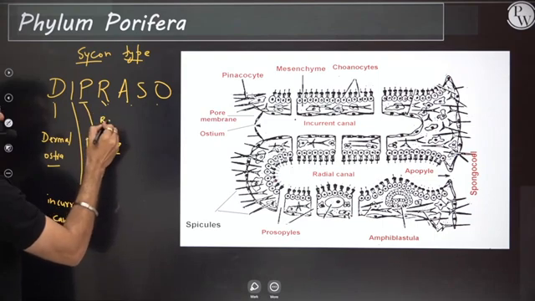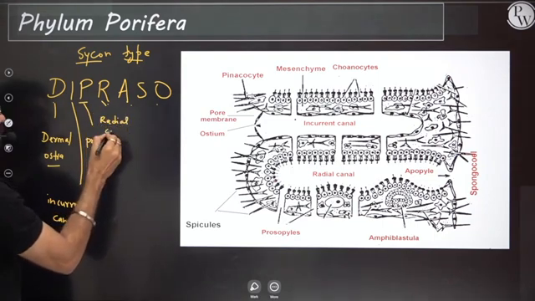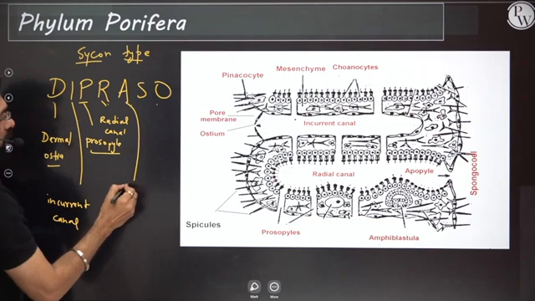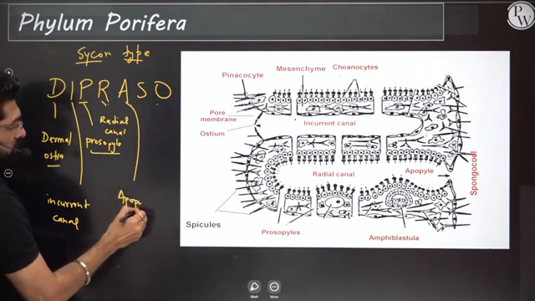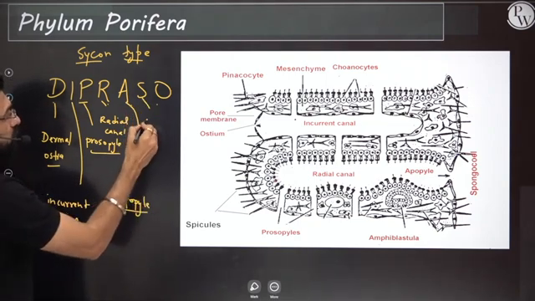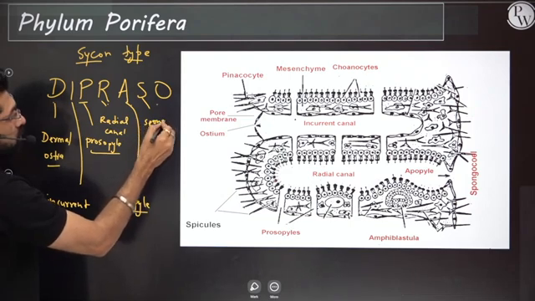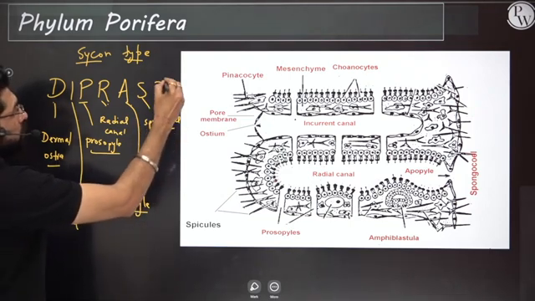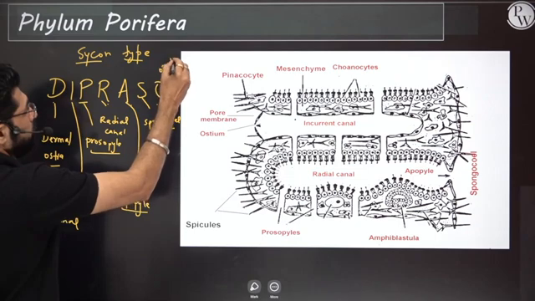R is for radial canal, A is for apopyle, S is for the spongocoel, and O is for the osculum.